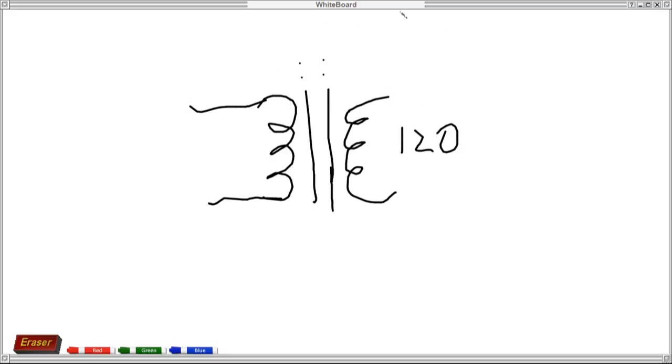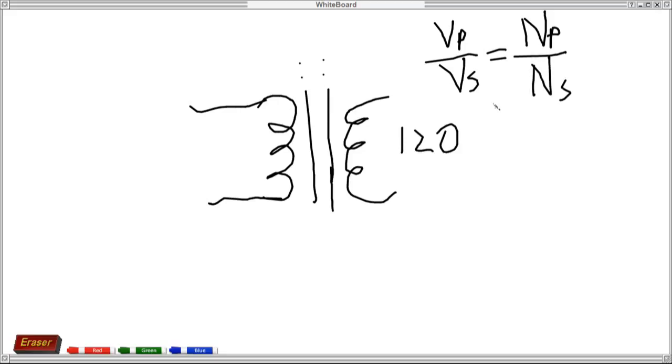The formula for this is basically your primary voltage source divided by your secondary voltage source is equal to your turn ratio, which is your primary turns divided by your secondary turns.